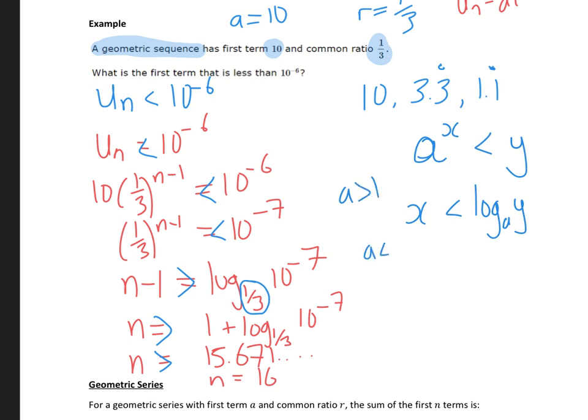If a is less than 1 though, so it's between 0 and 1, then the inequality sign flips. And it's to do with that log now becoming negative.